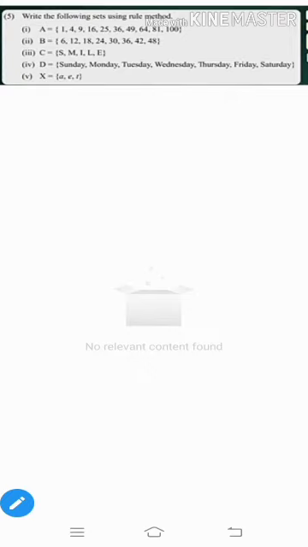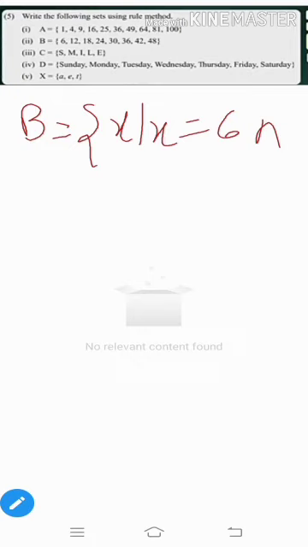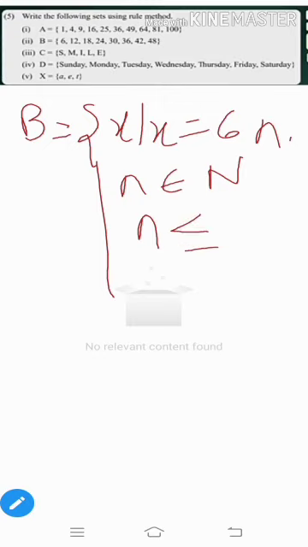So we write B is equal to x such that x is equal to 6n, and n belongs to natural numbers, and n is less than or equal to 8, since 6 times 8 is 48.